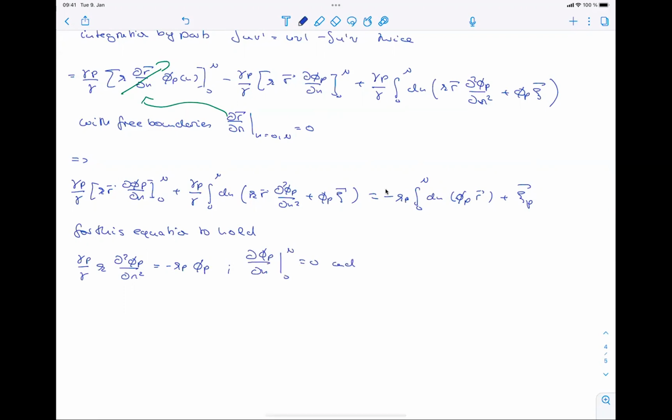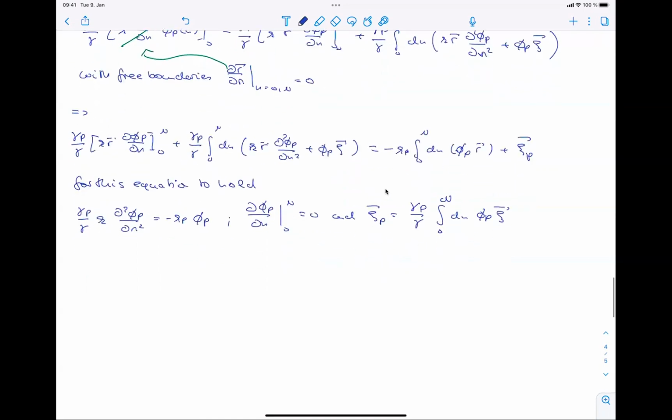And our new noise is the integral dn phi_p psi.